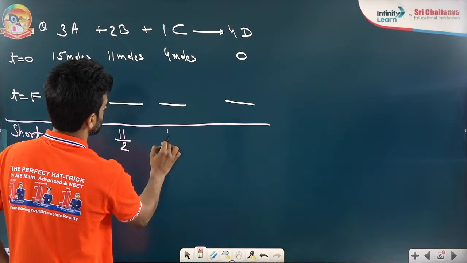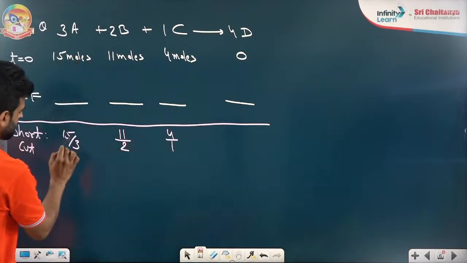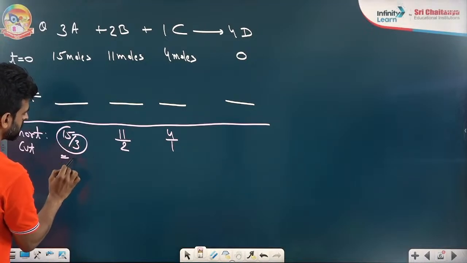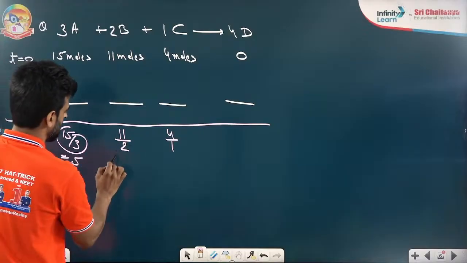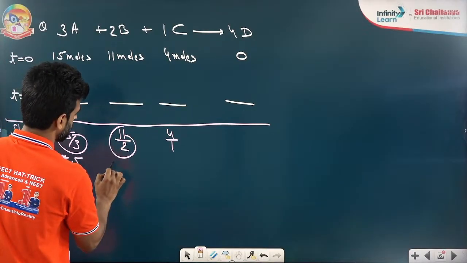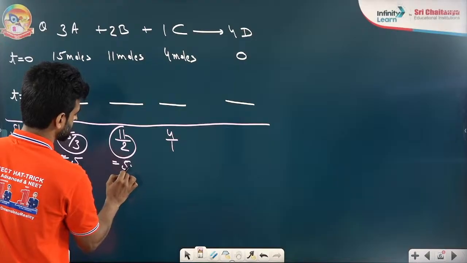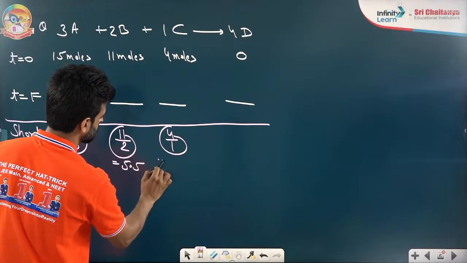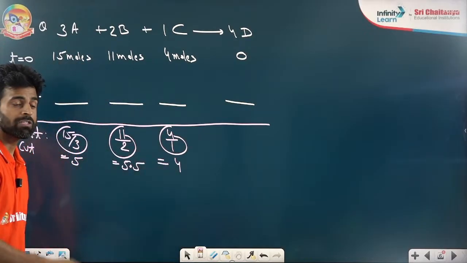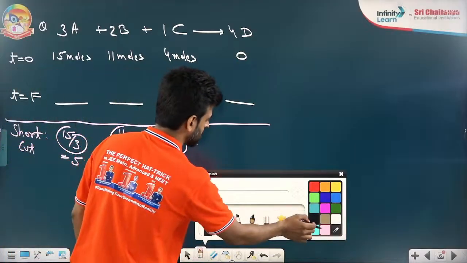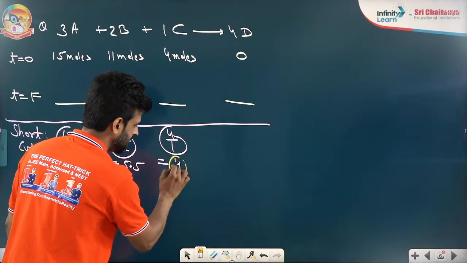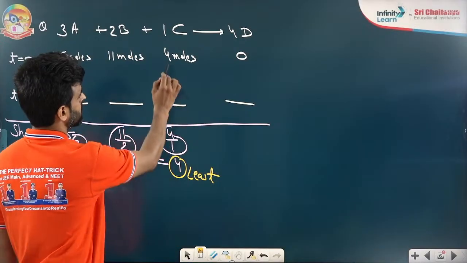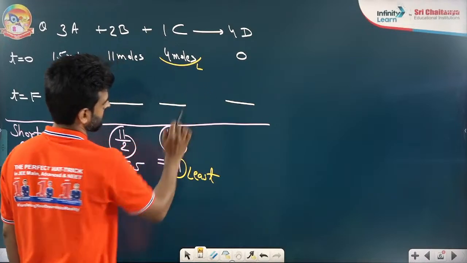Given moles 4 divided by 1. 15 by 3 gives 5. 11 by 2 gives 5.5. And here it clearly comes 4. Which one is the smallest? This is the smallest, the least number. This tells us it is our limiting reactant.